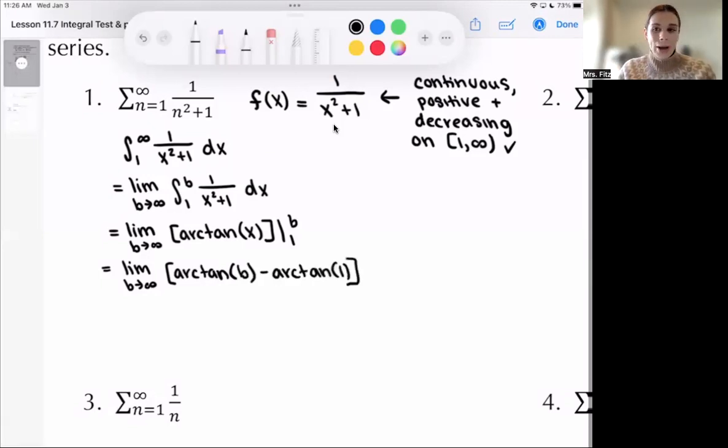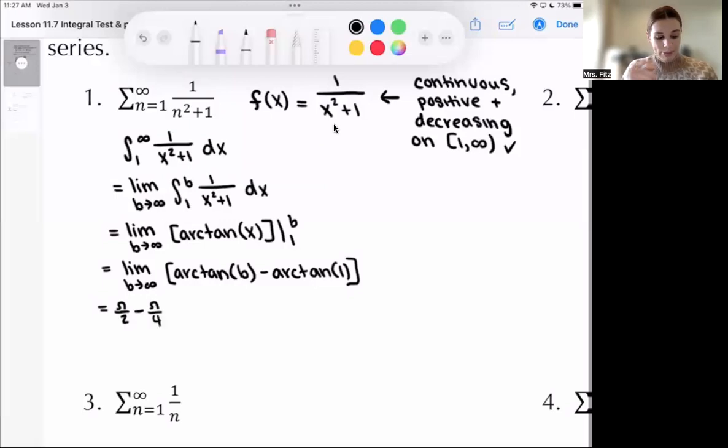Graphically, we actually know that inverse tangent has a horizontal asymptote. So it kind of looks like an S shape on its side. And as b approaches infinity, as we move to the right, we're going closer and closer to pi over 2. So this would equal pi over 2 minus, and the inverse tangent of 1 is pi over 4.